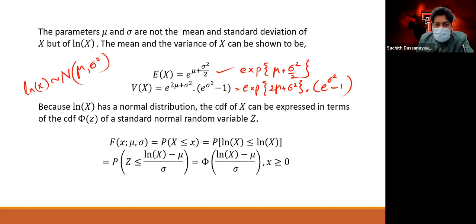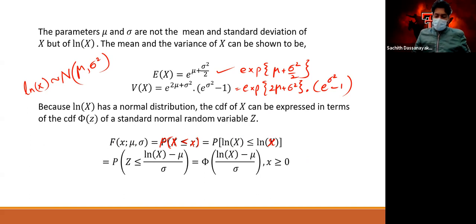Using that, we can derive the CDF. We need to find the probability of capital X less than or equal to simple x. What we are doing here is taking the ln, or the log, on both sides. So this is going to be simple x.